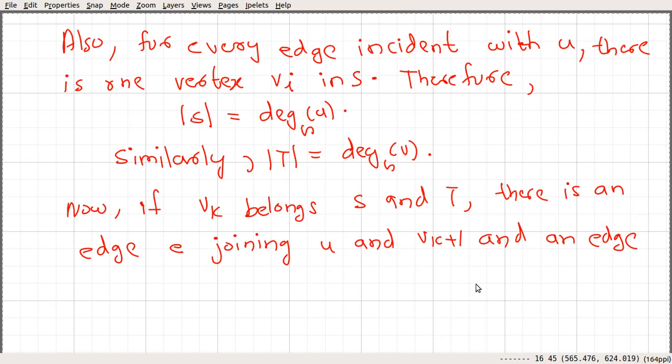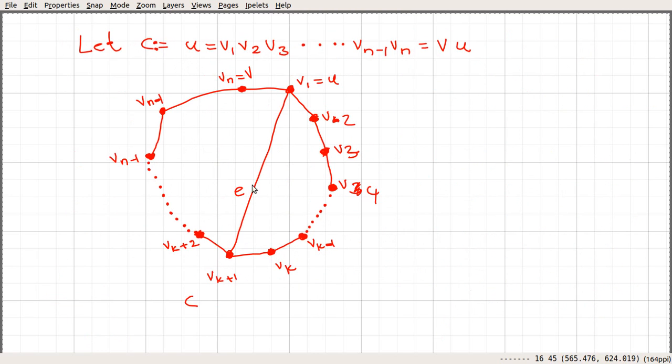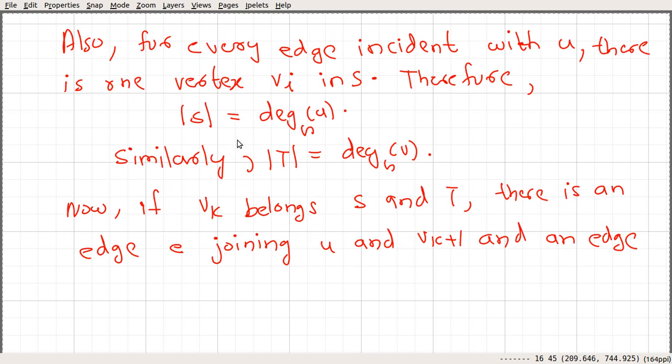So if Vk belongs to that one, then there will be an edge between Vn, which is equal to V, and Vk. Our situation will be something like that, and let's call this edge F. Let me write that down: an edge E joining U and Vk plus 1, and an edge F joining V to Vk.